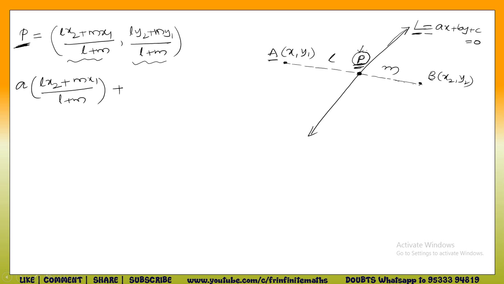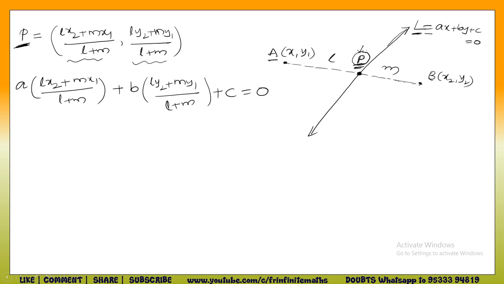Here the value I need to find is the ratio L is to m. Now a into (Lx2 plus mx1) by (L plus m), plus b times the value of y, which is (Ly2 plus my1) by (L plus m), plus c. This should be equal to 0 because it should satisfy the line equation.